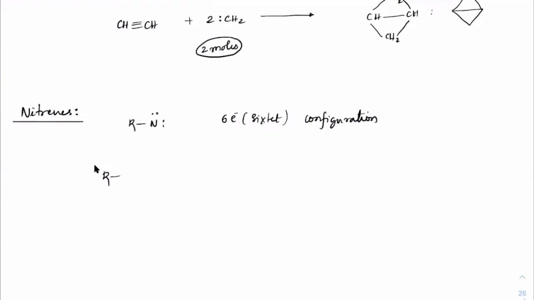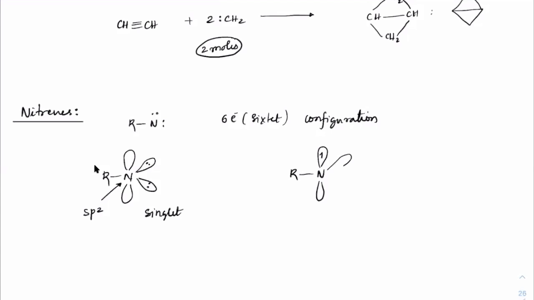Let me write the structure like RN, with an empty orbital and two other orbitals this way. So you can see it is an sp2 hybridized nitrene with an empty orbital. So we call it singlet. In case we have RN with one electron each, one electron in this orbital, one electron in this orbital, and one hybridized this way, you can see it is sp hybridized now.